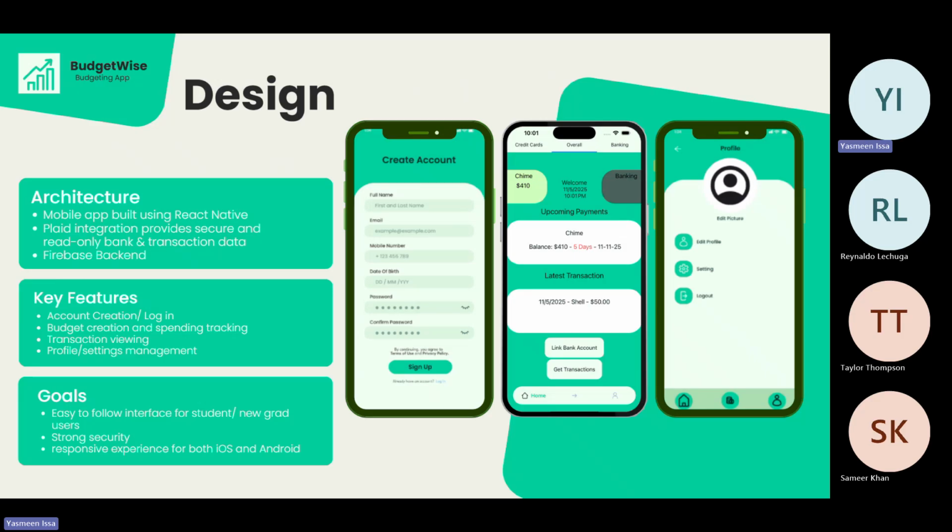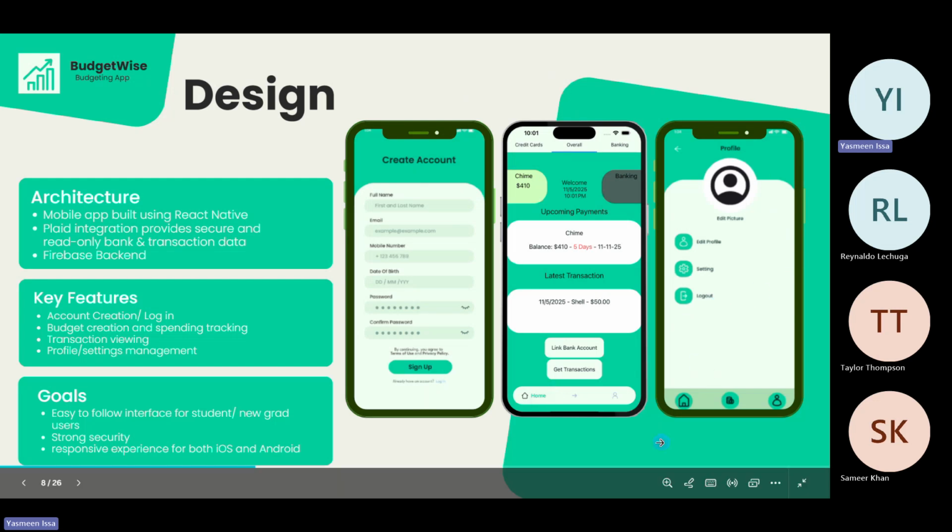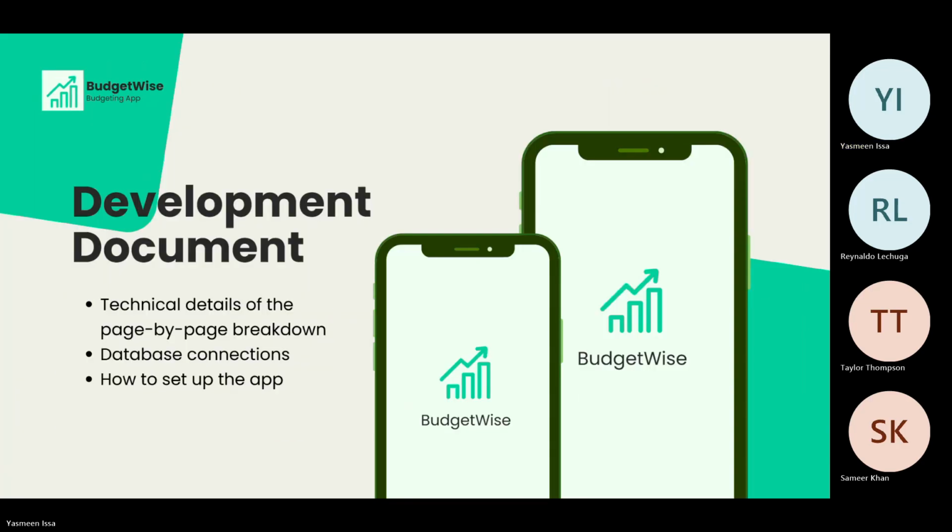And going into our design, we have our prototype mockups here on the side. For our architecture, we decided to go with React Native. Some key features: we have our login page, our budget page, and our profile page. And we really wanted to make this interface easy to follow. With our development document, we gave a page-by-page breakdown of all the technical details.